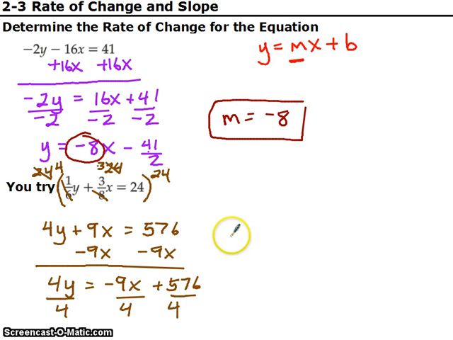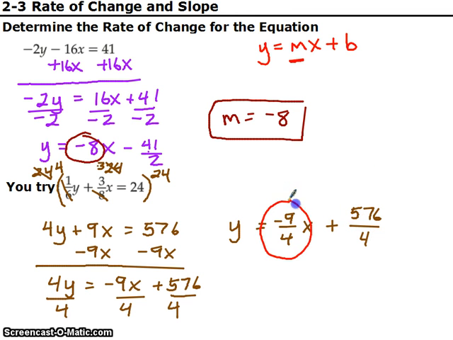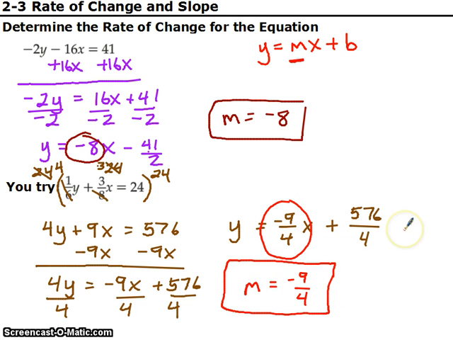All right, and we get y equals negative 9/4. You can't reduce that, so just leave it like that. Plus, we really don't care what this number is today, so I'm not going to worry about dividing that out. I care about the m right there. M equals negative 9/4. That's the slope. That's the rate of change. That's what we're looking for.